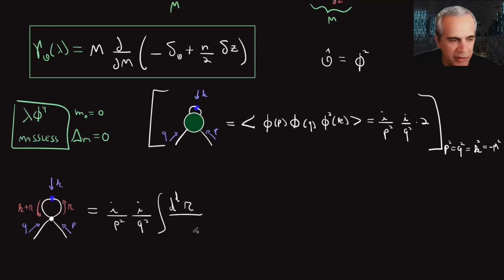Now my variable is R, d^d R over 2 pi to the d here, i over R square, this momentum, and the other one is just i over K plus R square. So you see, I'm inserting this operator as an external operator, but I'm treating the theory as a massless one for now, right? So mass is 0.